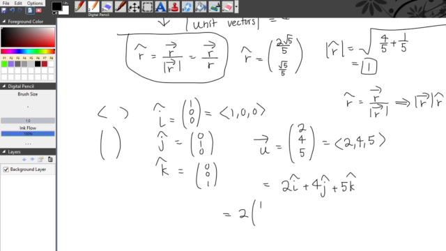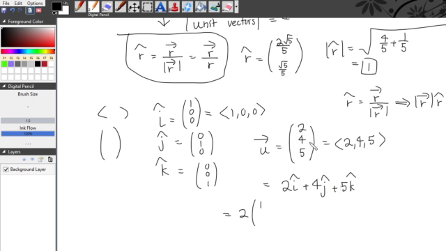The purpose of the unit vector is to act like a gateway between scalars and vectors. So a unit vector lets you convert a scalar to a vector and vice versa. We can see it here. The 2, 4, and 5 are scalars. They don't really have a direction, but the unit vector being multiplied to them gives them direction.